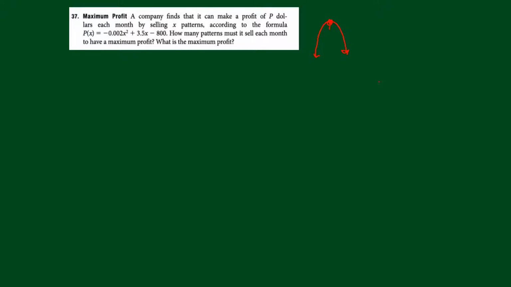Now, what we're looking for is what value of X would produce that maximum profit. Well, we're looking at the vertex, so we just need to find the vertex of this function. So P is equal to ax squared plus bx plus c, if I write it in general form. And from here, I can identify A, B, and C. What is A?